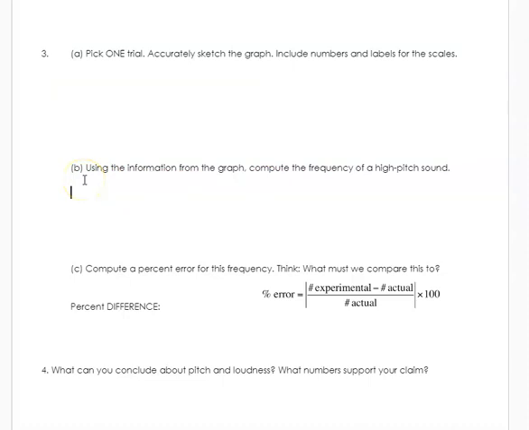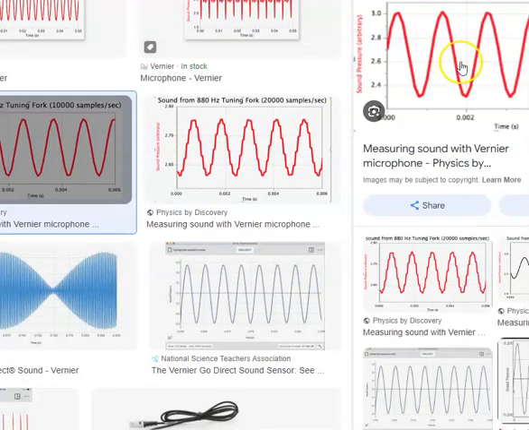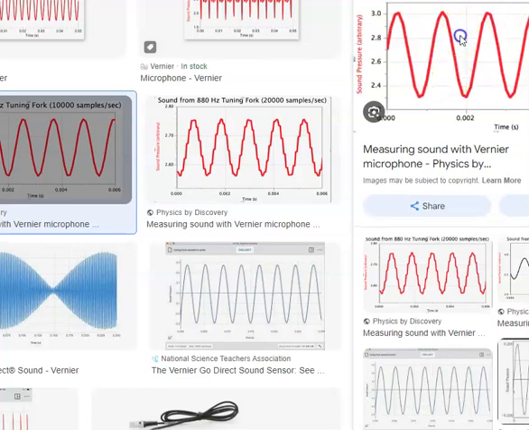And here's the hardest part. We're going to calculate the frequency. So remember, for part B, you look at your graph and you're trying to compute the frequency of a high-pitched sound. So I'm going to help you with that. Let's say I looked at this one here. Let me look at this graph.